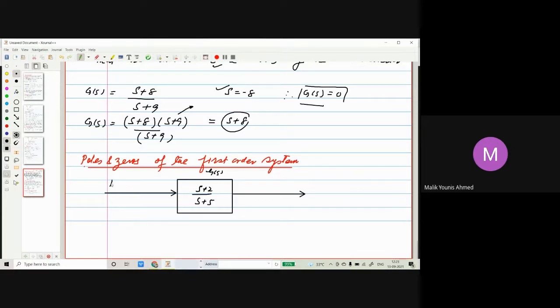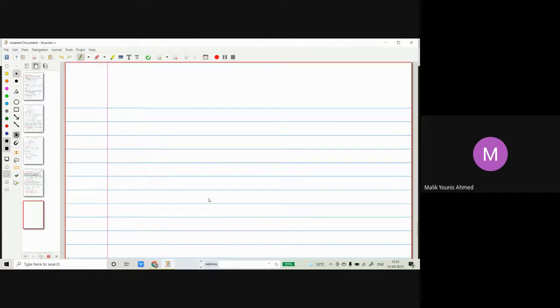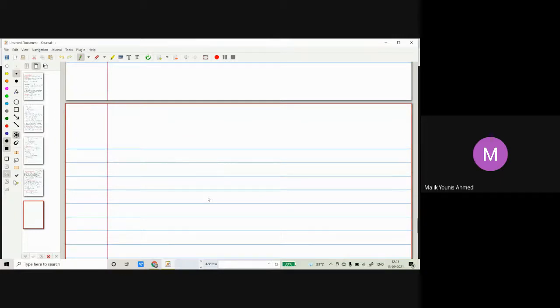The input R of s is a step, and this is your output C of s. Now, if we have to draw the graph of this one, how will we draw it?